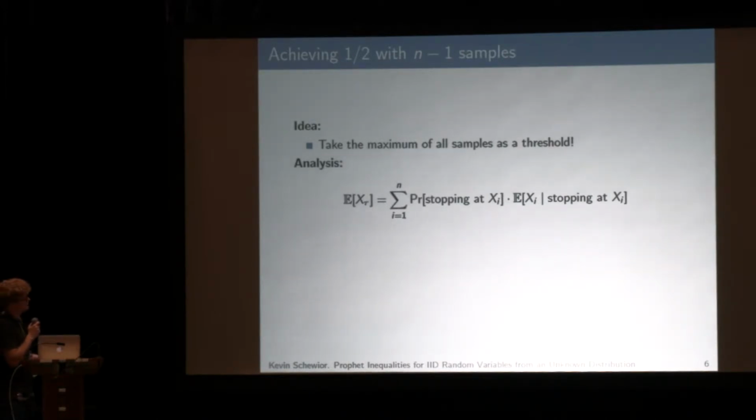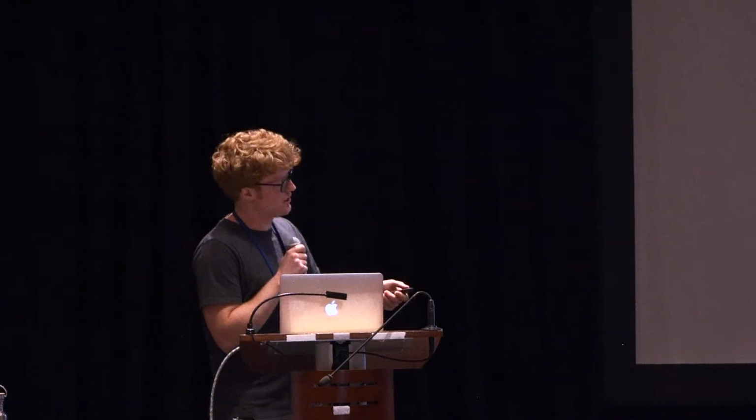So for the analysis, what's the expected value that the algorithm extracts? It's the sum over all steps i of the probability of stopping at that step times the expected value that's extracted then, right? The value that's extracted in any step i is at least the maximum of at least n draws from F. In the first step, it would be the maximum of n draws from F. In the second step, it would be the maximum of n-1 draws from F, and so on. So whenever the algorithm stops in any step i, conditioned on that, it extracts a value of at least the value of the profit, right?